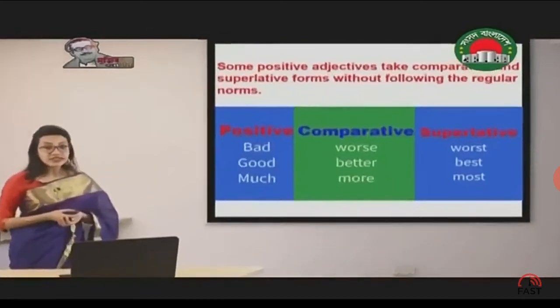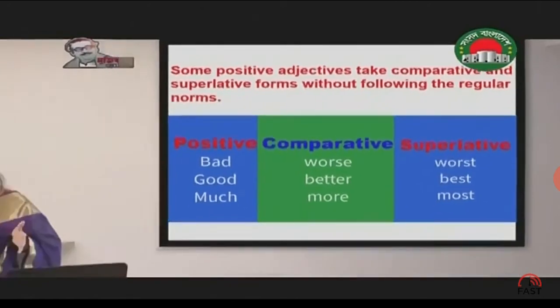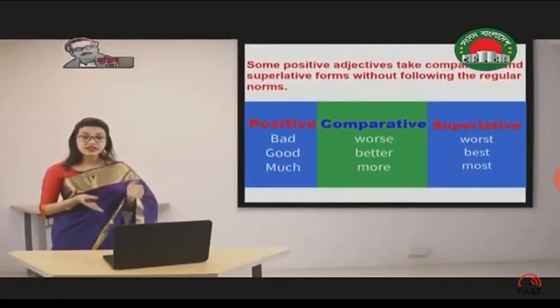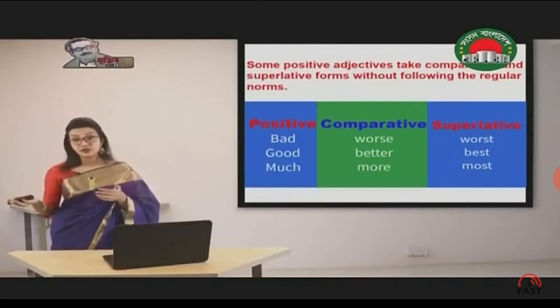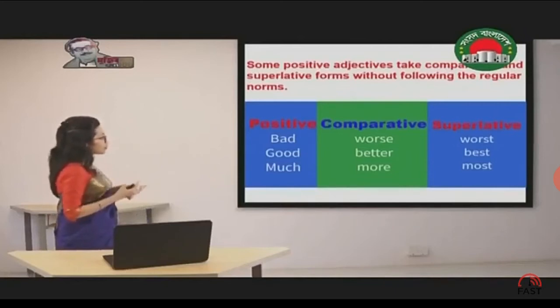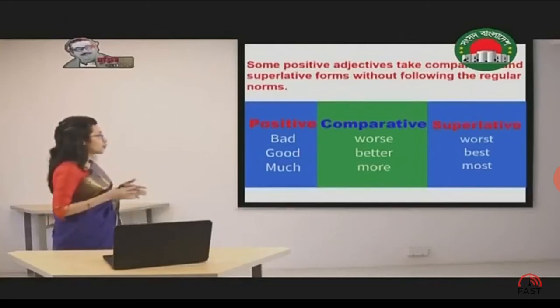The next rule is, some positive adjectives take comparative and superlative forms without following the regular norms. So the rules I have shown you previously were the general rules, but of course there can be some exceptions, as in these cases: bad, worse, worst, good, better, best, much, more, most.